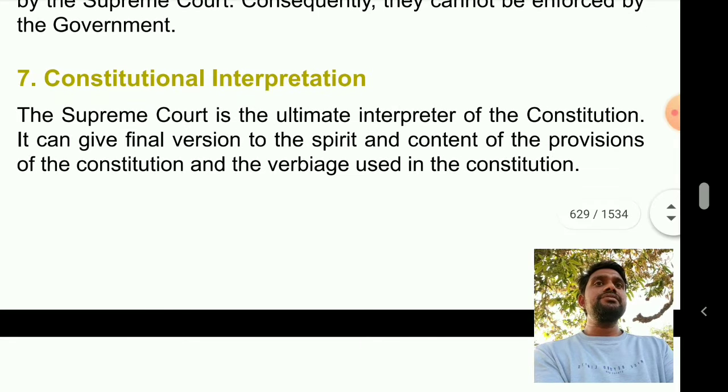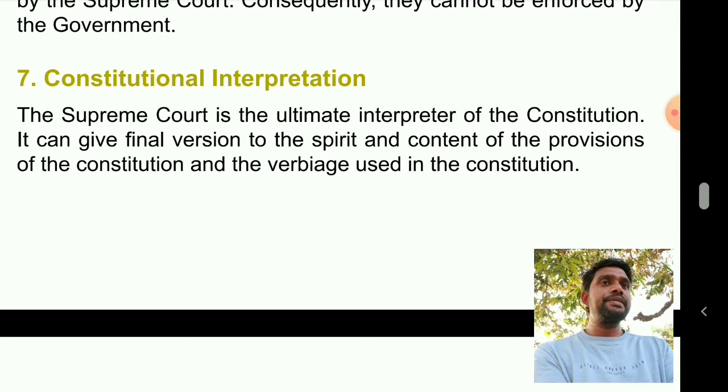Seventh is constitutional interpretation. The Supreme Court is the ultimate interpreter of the Constitution. It can give final version to the spirit and content of the provisions of the Constitution and the verbiage used in the Constitution.